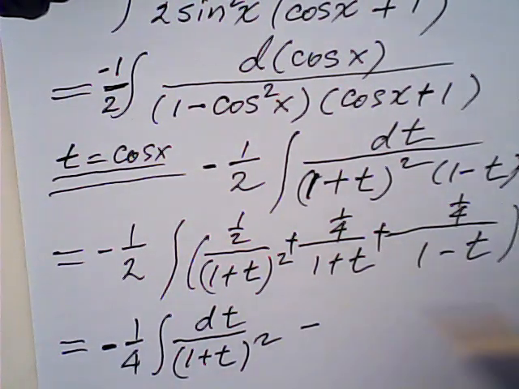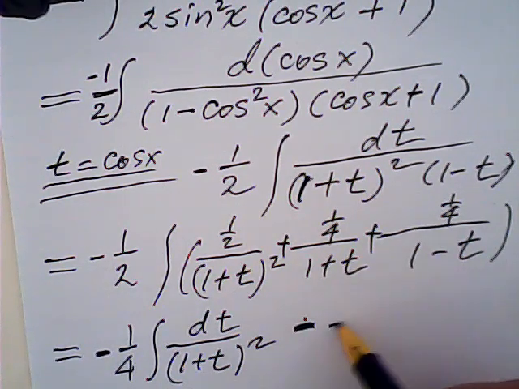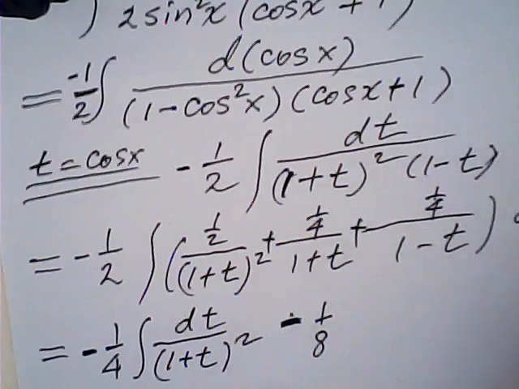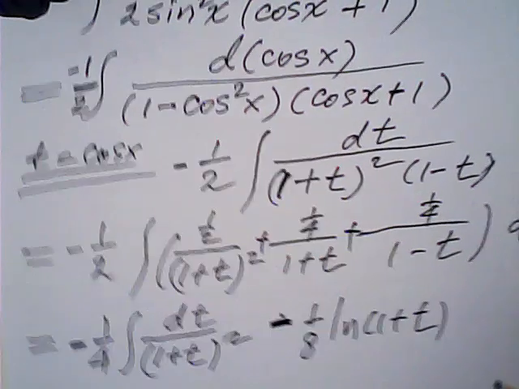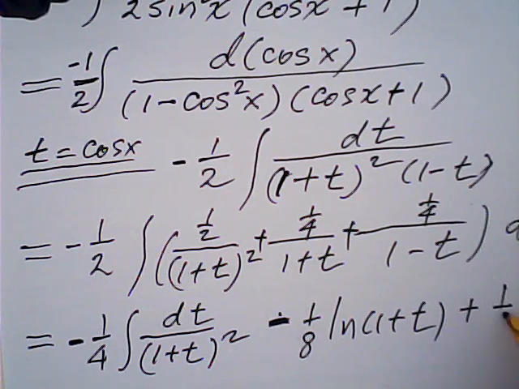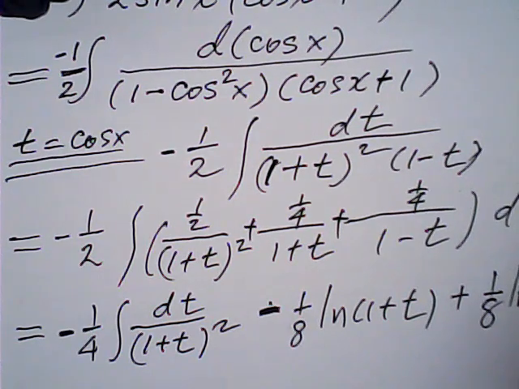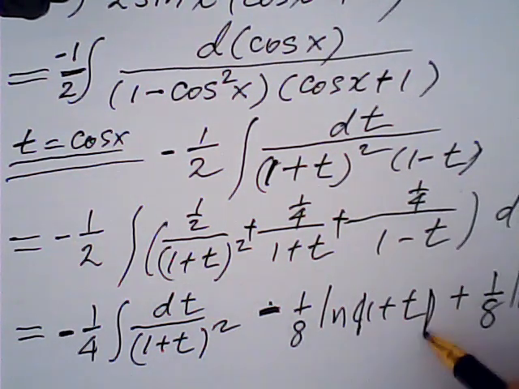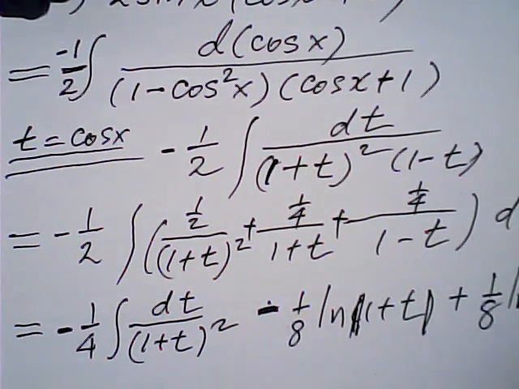And this, minus 1/8 log 1 plus t, right? And this becomes negative, therefore become plus 1/8 log 1 minus t, absolute value, and plus c.